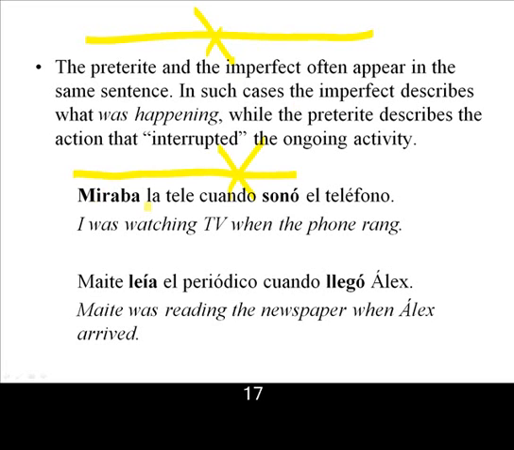The imperfect action is going on, and then there's an interruption with the preterite action. Maite leía el periódico cuando llegó Alex. So we can imagine that Maite leía y boom, llegó Alex. So something is going on and we have an interruption.